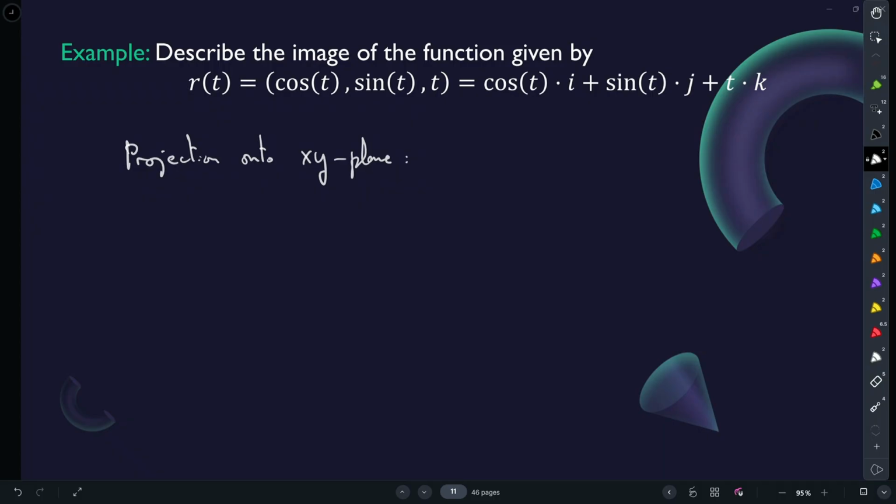And it is given by, let me call it, r tilde. If I forget about the z coordinate, it is cosine t, sine t. What does that parameterize? A circle.